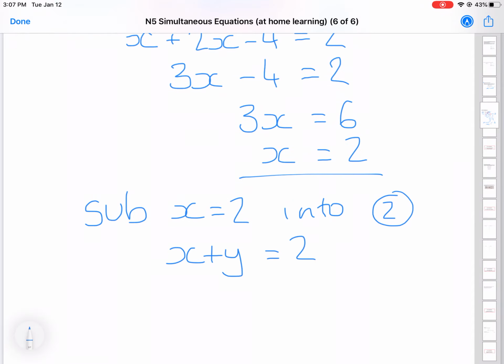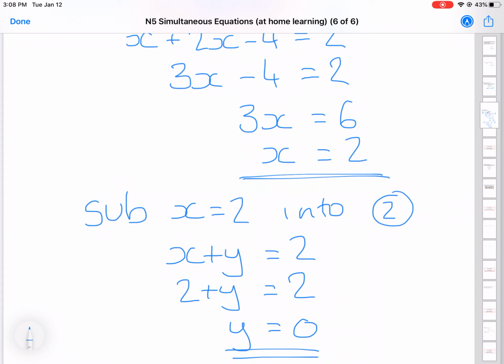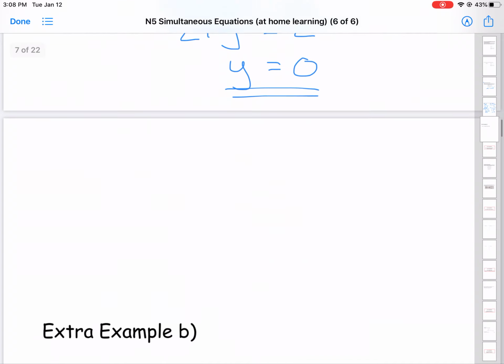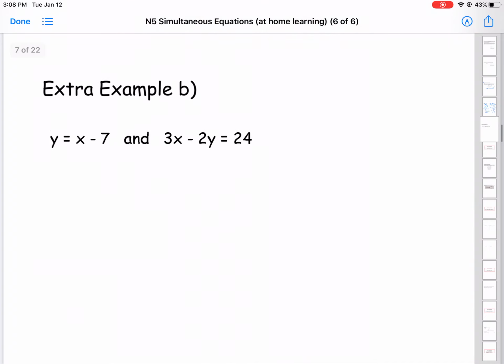So that means that 2 plus y equals 2, so y equals 0. And that there is my final answer for that question. So slightly different than before, and we're going to see another one that is slightly different as well. Okay, all of these are substitution.